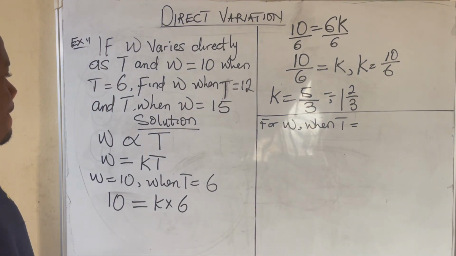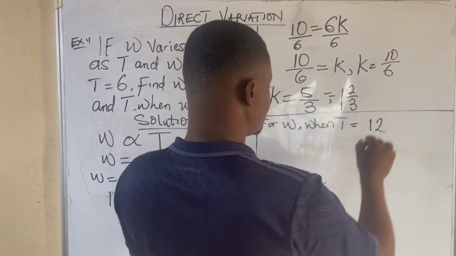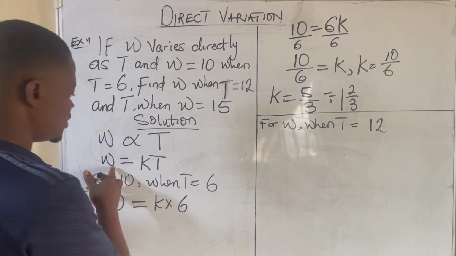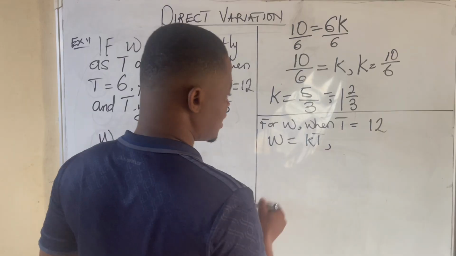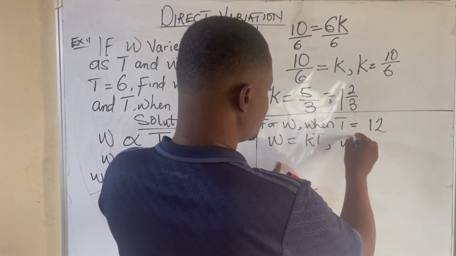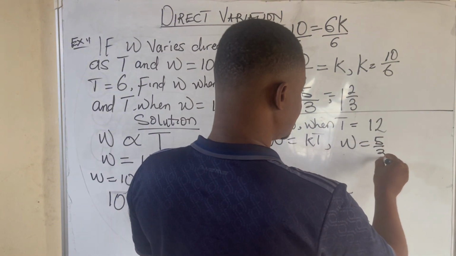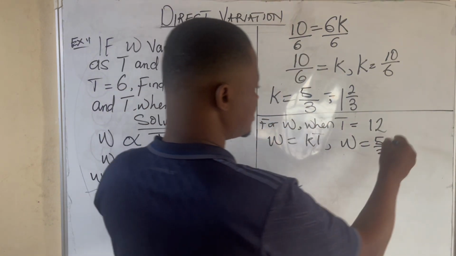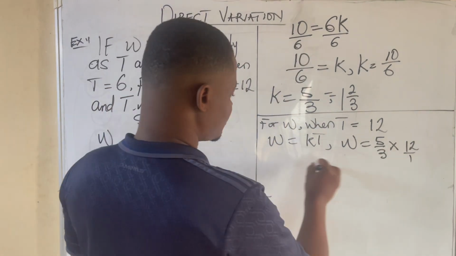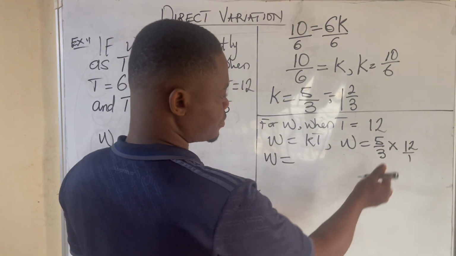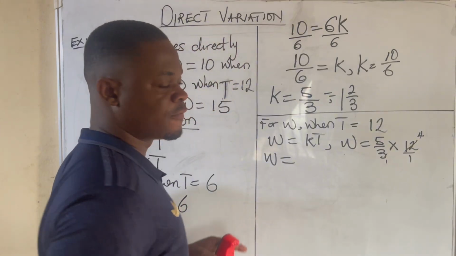So solving for W when T is equal to 12, we have already established that W is equal to KT, and this implies that W will be equal to 5/3 times 12 over 1. 3 divides itself once, and 3 dividing 12 gives 4.